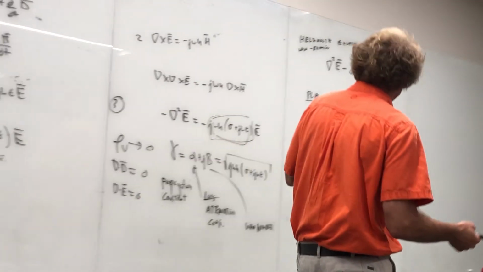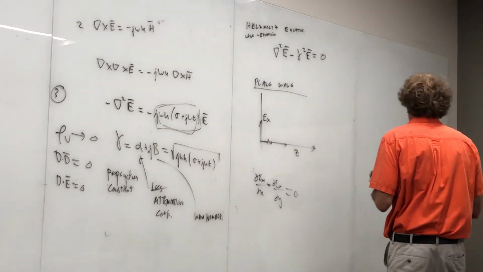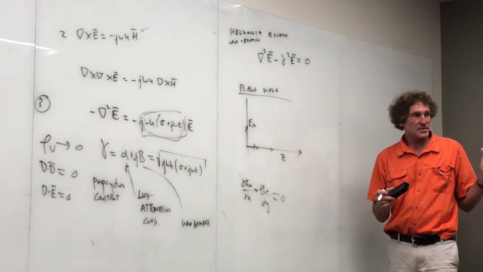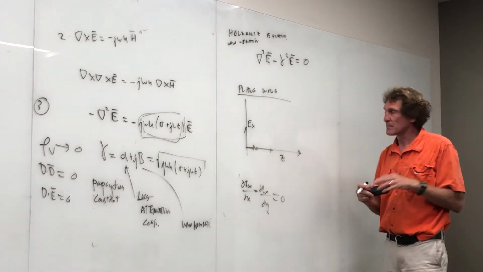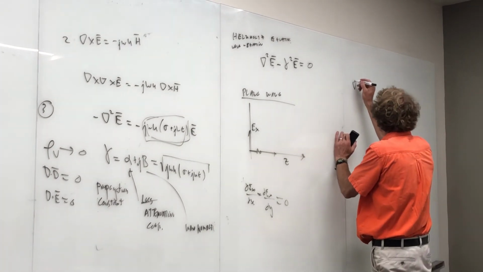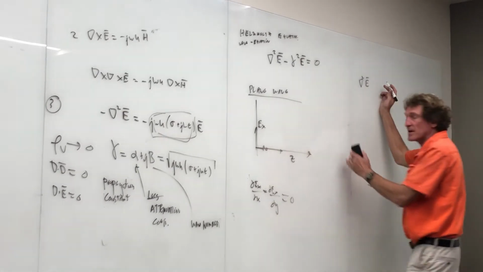Now we go into the del squared of E, and don't write this down, but let me just talk about this for a second. Del squared operating on E is actually a vector operation.